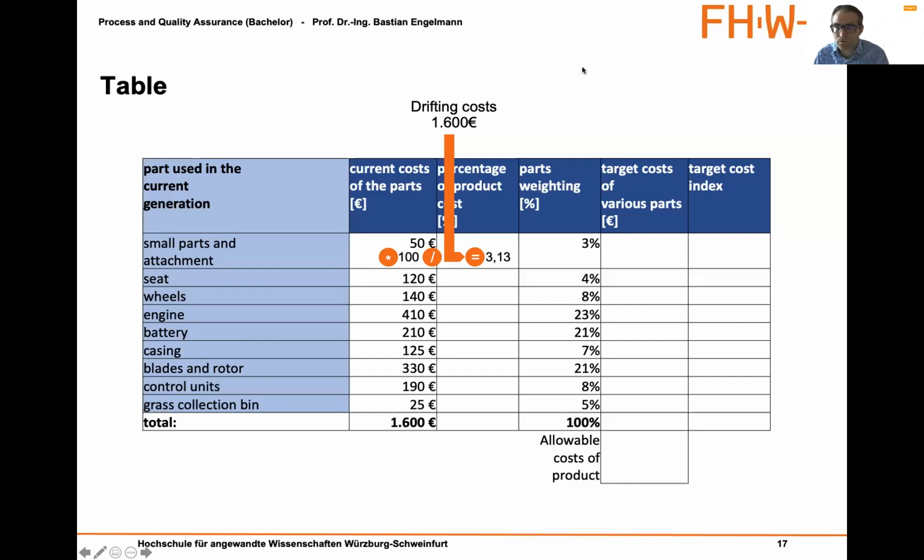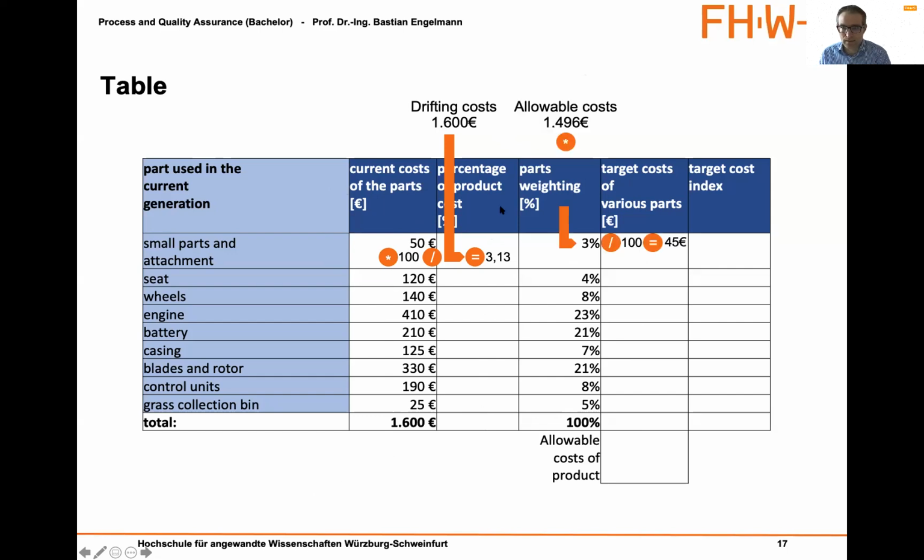So what you should have in your table are here the columns 1 and 3, and this column filled with the values for the percentages of the current costs. And what you will do next is we will fill this column. It's not a big deal.